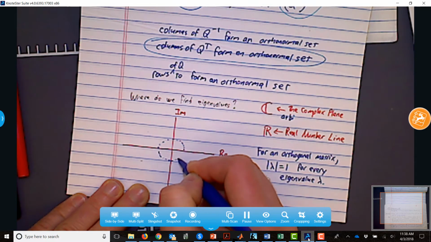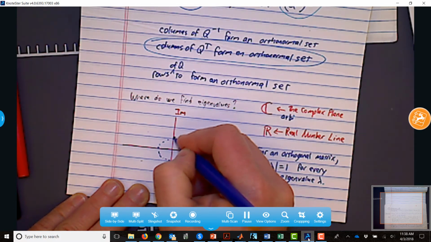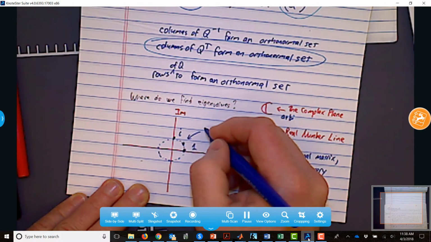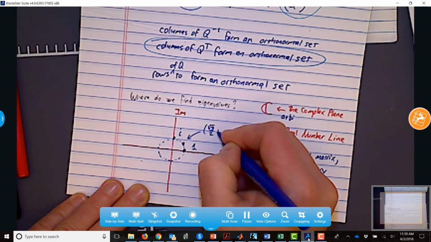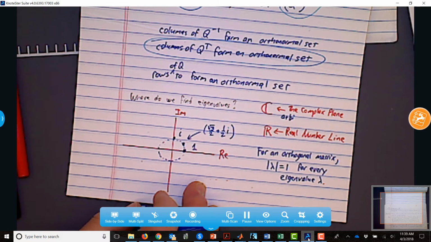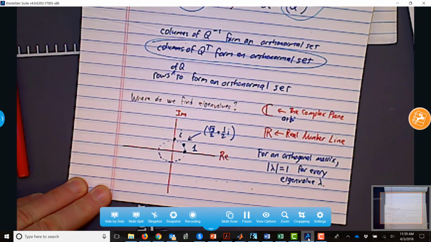So the eigenvalues might be things like 1, or I, or how about radical 3 over 2 plus 1/2 i. Those are all eigenvalues that live on the unit circle in the complex plane. This is the world where you need to live if you want to study eigenvalues of a matrix: the complex plane.